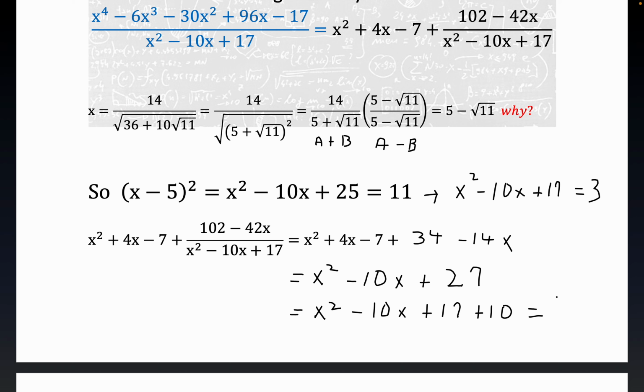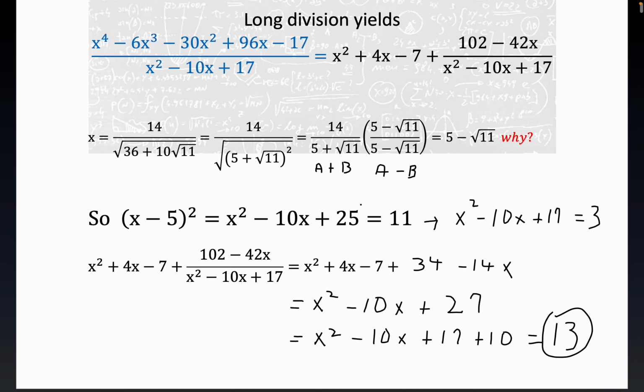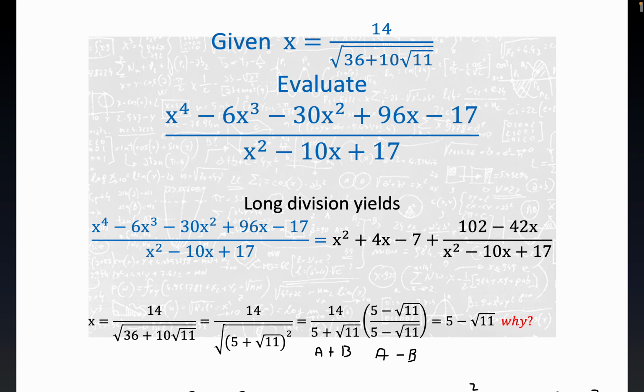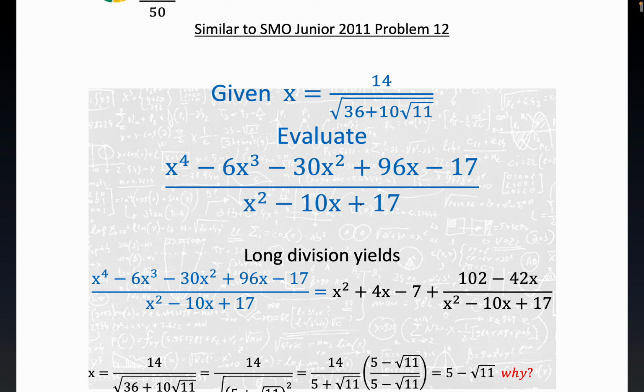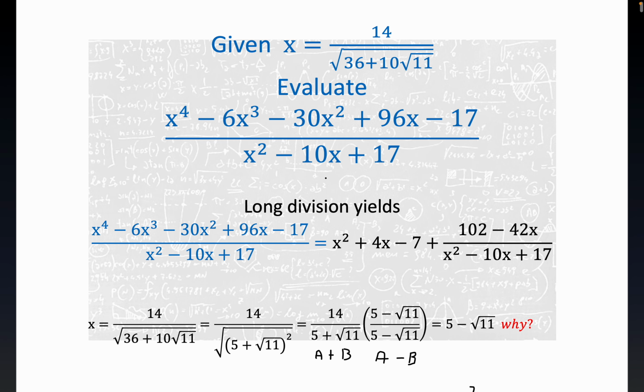Again, to me, just a majestic problem, and I'd like to congratulate whoever thought of this. That is the solution, folks. 13 is the answer to this problem, and really just this part right here, the given, is a problem in and of itself.